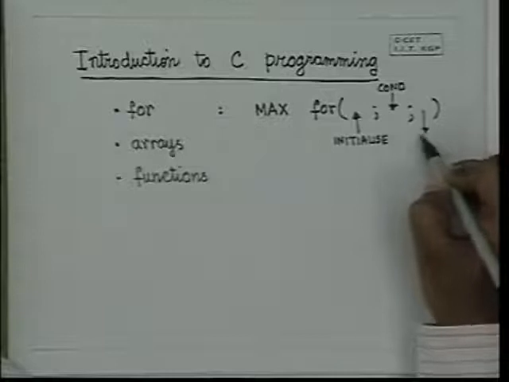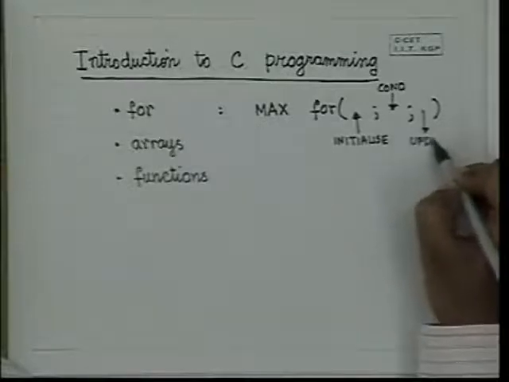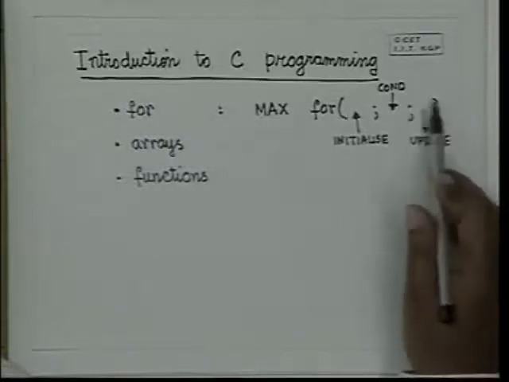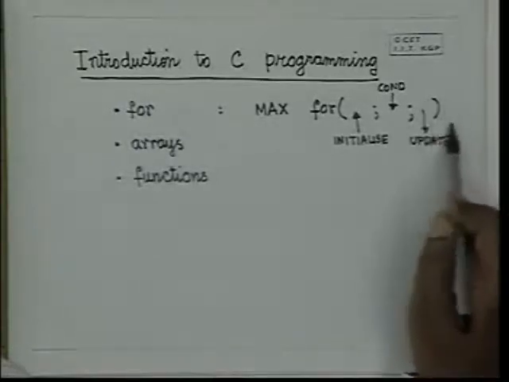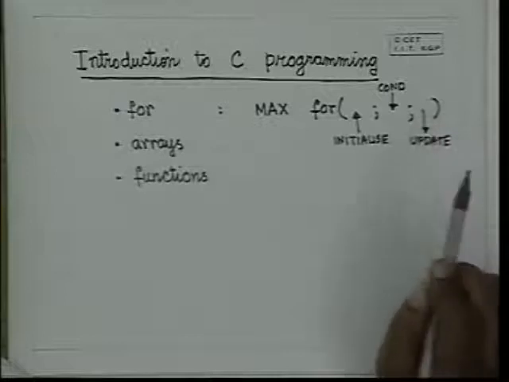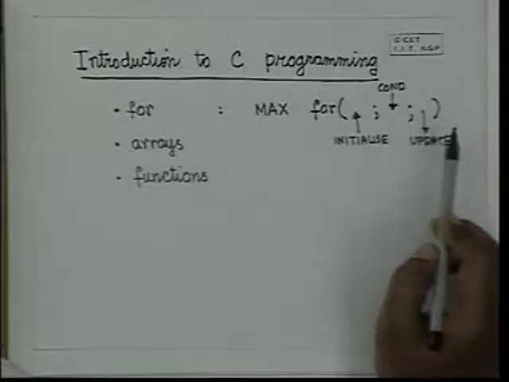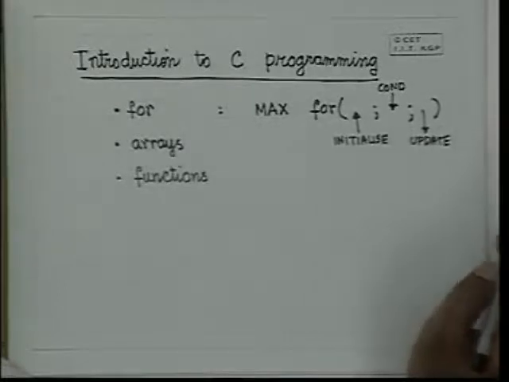And this is the loop update, that is, what are the actions that will take place at the end of the loop. And you have to explicitly update it, unlike Fortran, where you can write do I equal to 1, 10, 2, things like that. Automatic update of the variables doesn't take place. You have to explicitly update the variables in a for statement.